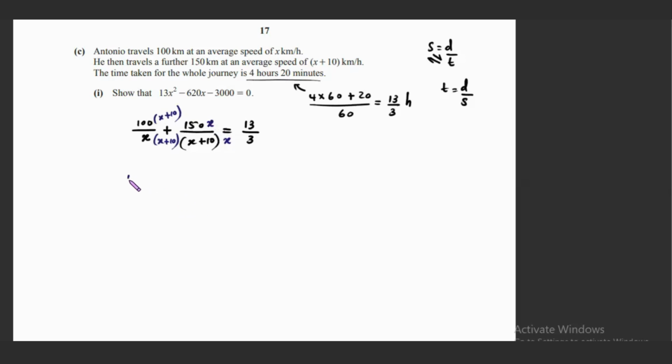So we have 100 times x plus 10 plus 150x, over x times x plus 10. And on the other side, I have 13 over 3. This is what I have.